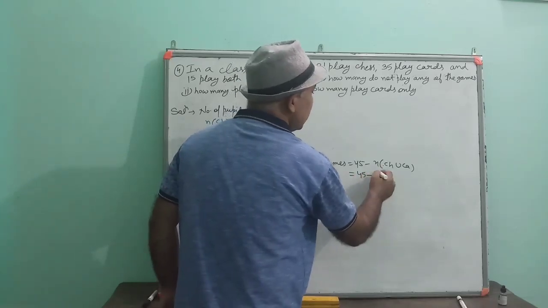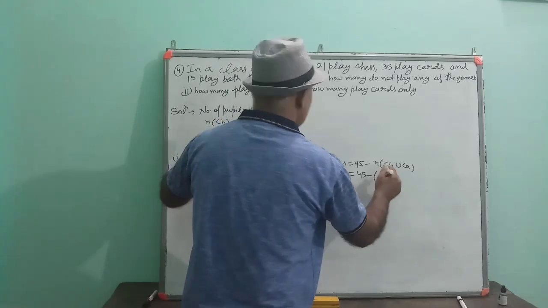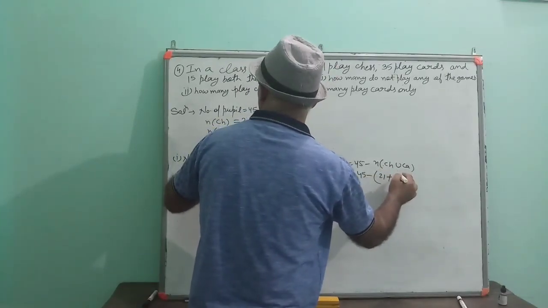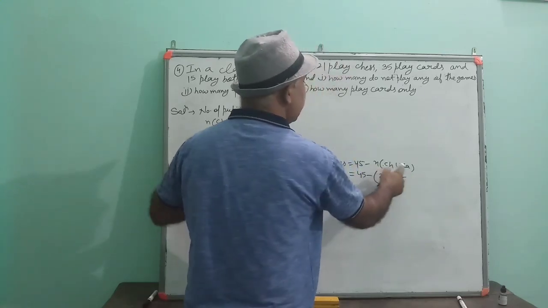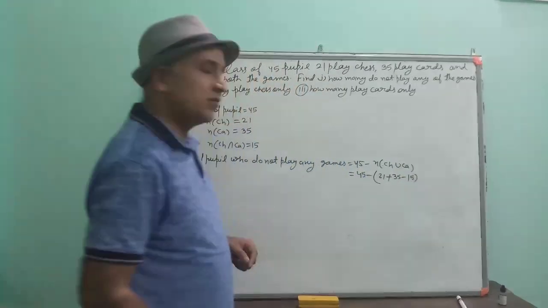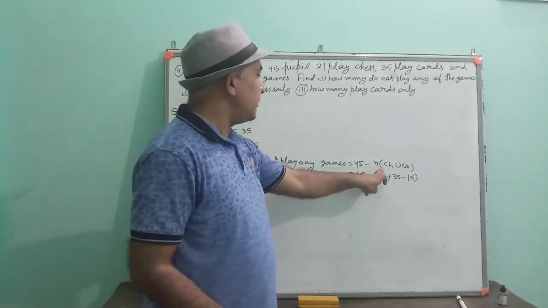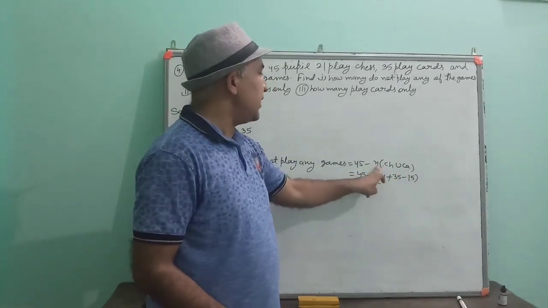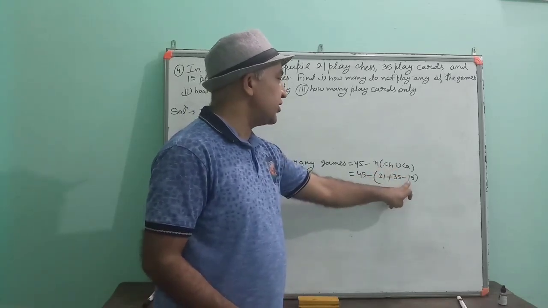How to find this one? Formula for this is n(CH), which is given 21, plus n(CA), which is given 35, minus intersection of these. Intersection of these is 15. Understood? I have put the value directly here. n(CH union CA) means n(CH) plus n(CA) minus n(CH intersection CA).